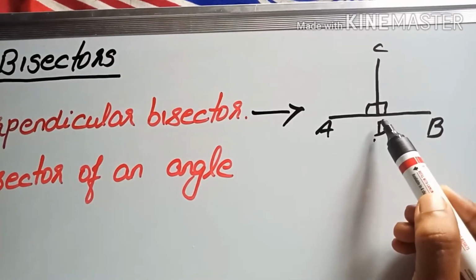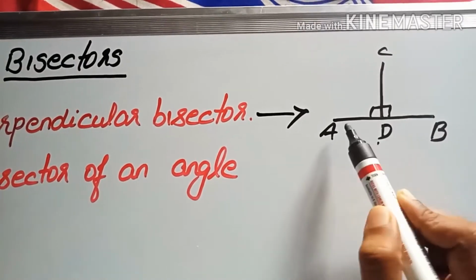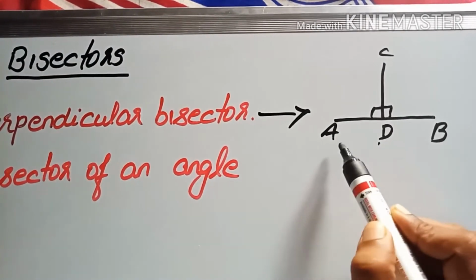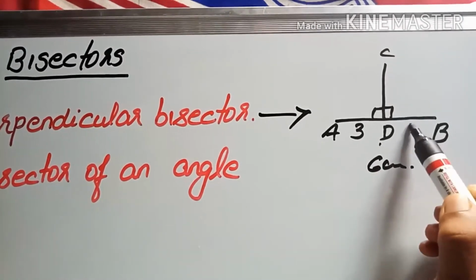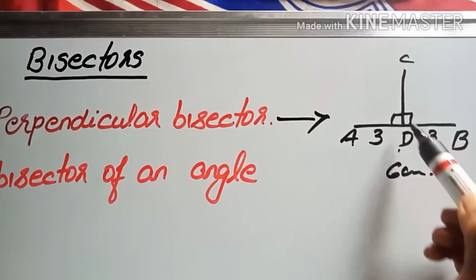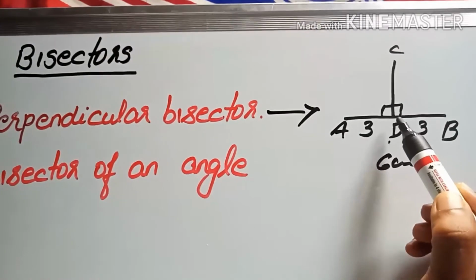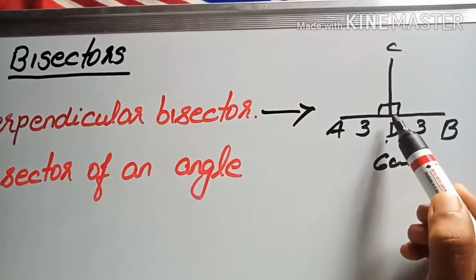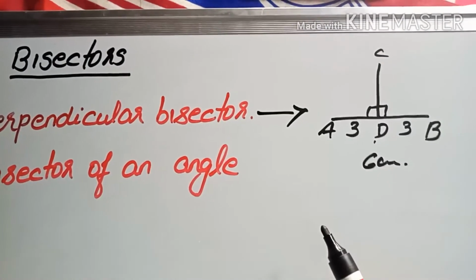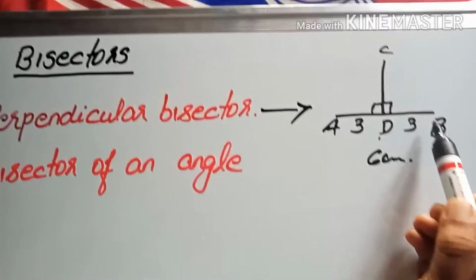If this CD cuts this AB into equal parts. Equal part means if AB is 6 centimeter, if this is 3, this is 3. Like this, if CD cuts this AB, then we say that CD is the perpendicular bisector of AB. Okay, CD is a perpendicular bisector of AB.